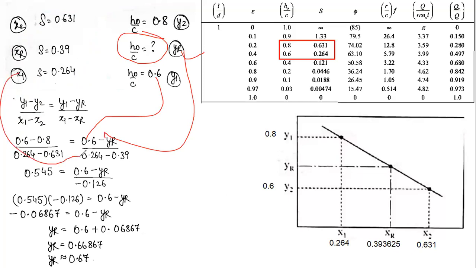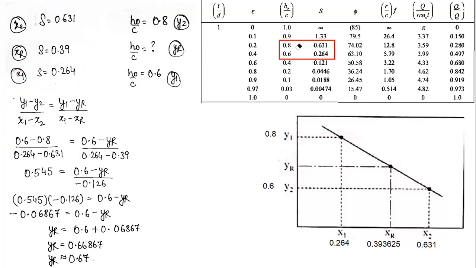X1 is 0.264, and XR, the Sommerfeld number in front of which I want to find h0 by c, is 0.39, and that is known to me. So now let's move ahead. Simple calculations need to be done here.